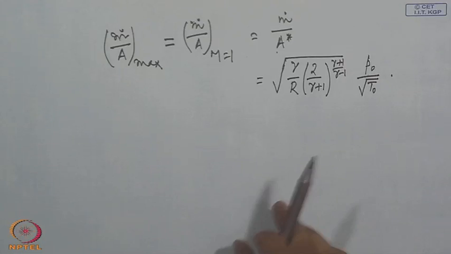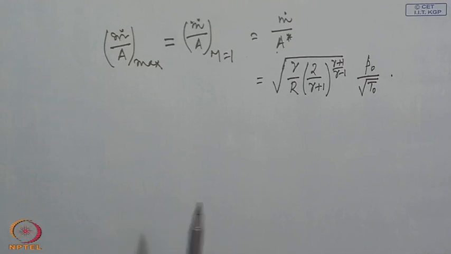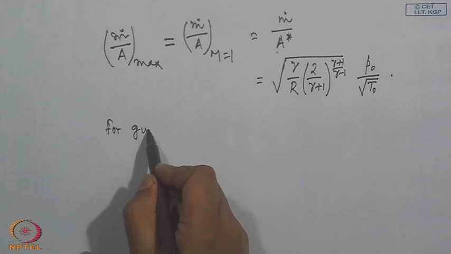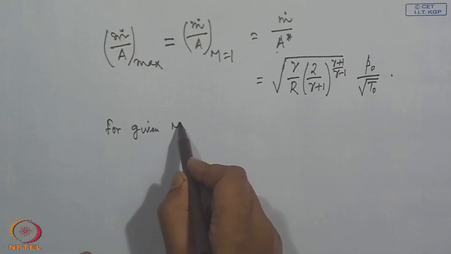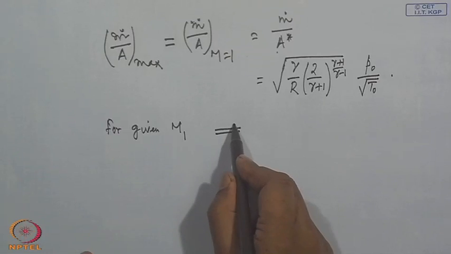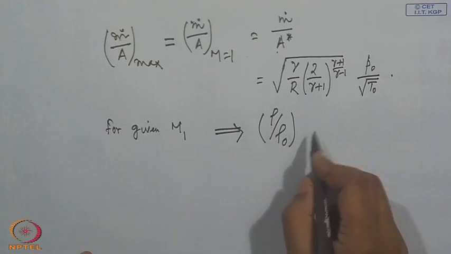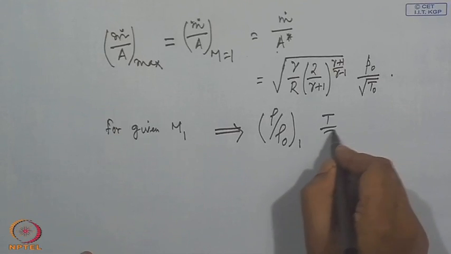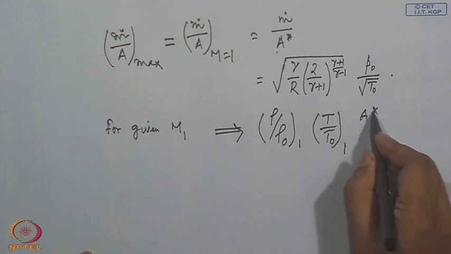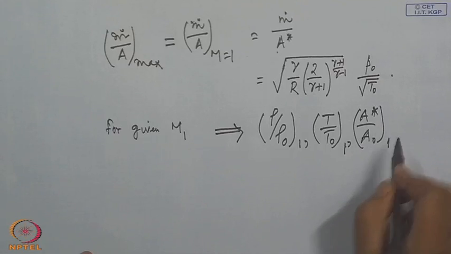Now, for evaluating various values at any cross section in the duct, for a given M 1, we can very easily find rho by rho 0 at 1, T by T 0 at 1 and A star by A at cross section 1.